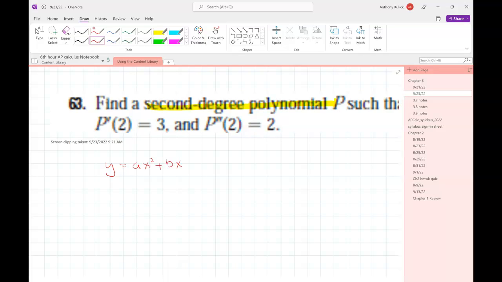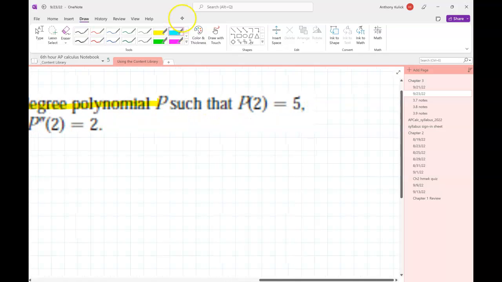We're talking about just some general quadratic, right? So I need to basically figure out the values for A, B, and C, and then I'll have my quadratic, right? Okay.